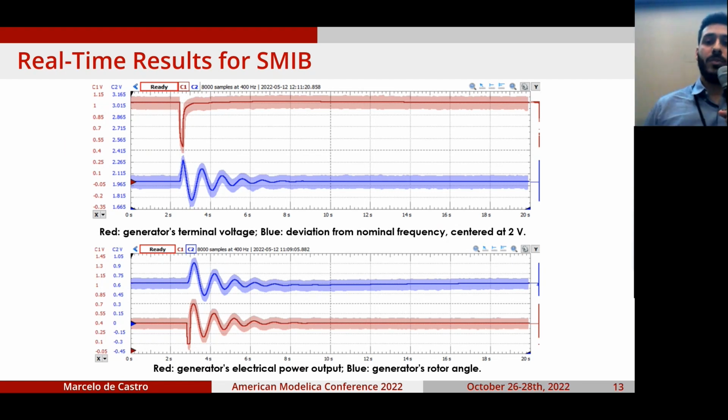And in the bottom, you see the generator's electrical power output in red, and in blue, you actually see the rotor angle. Okay, and I believe the power is in per unit, and the rotor angle is in radians.